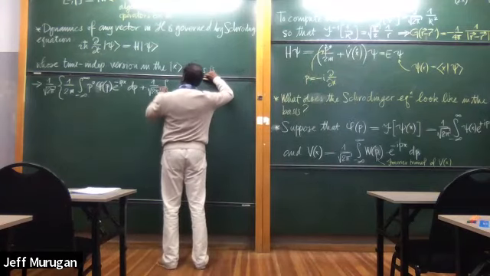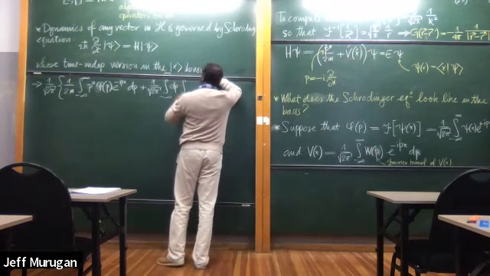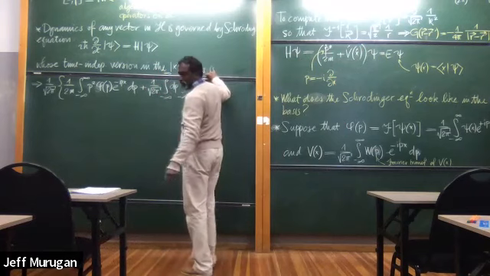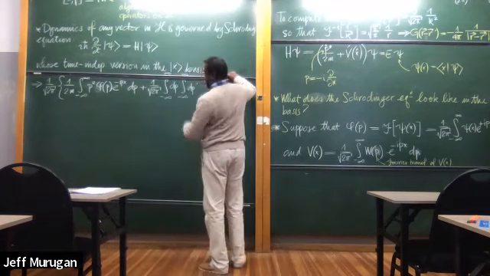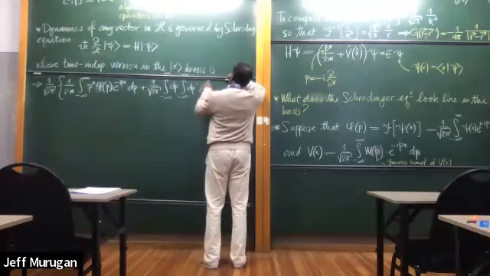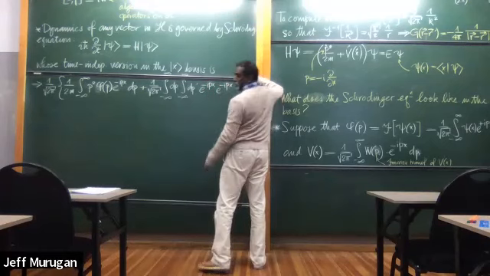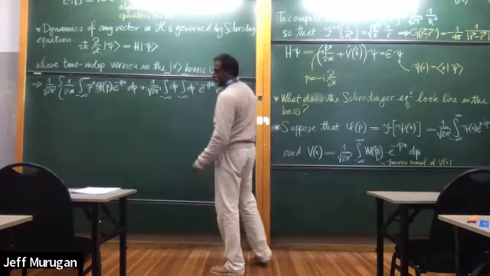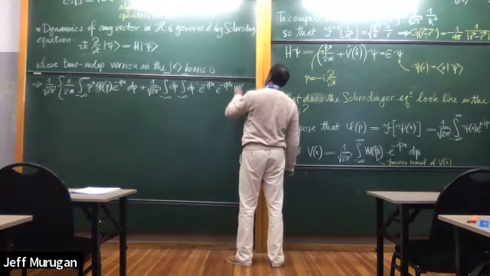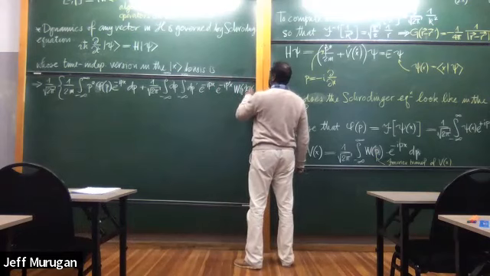Integral from minus infinity to infinity dp, integral from minus infinity to infinity dp prime, e to the minus i p x, e to the minus i p prime x, w of p prime, phi of p.